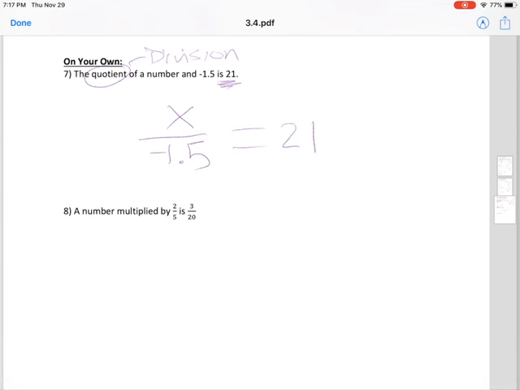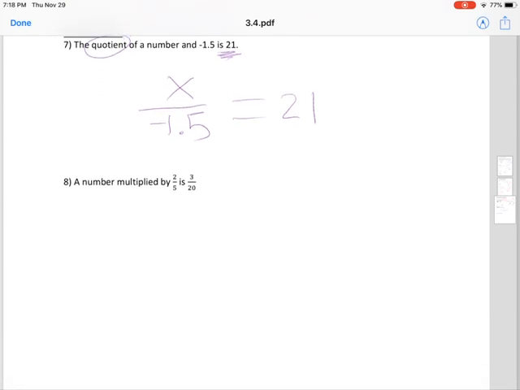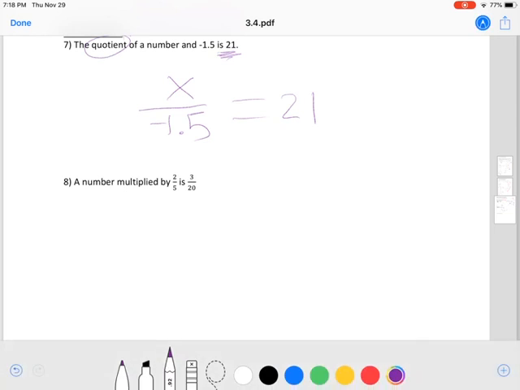All right, so our last one, a number multiplied by positive 2/5 is 3/20. So again, I'm going to do that "is" first, 3/20. And then number, it already even tells us multiply. That was pretty easy, multiplication. So number, let's say p multiplied by 2/5.